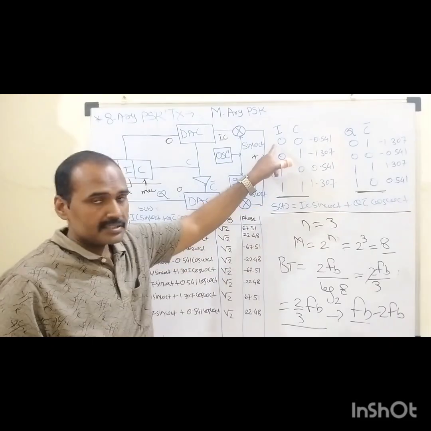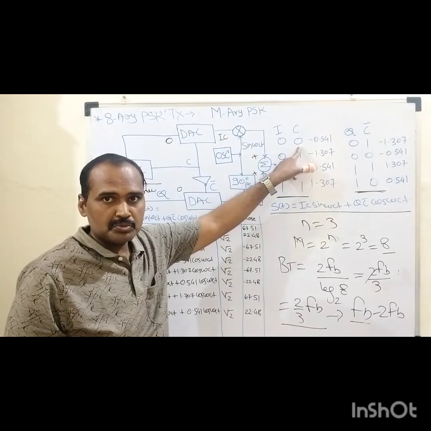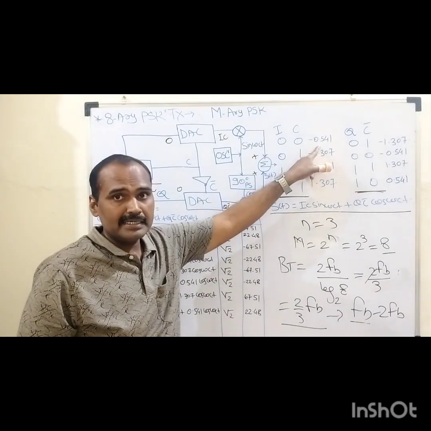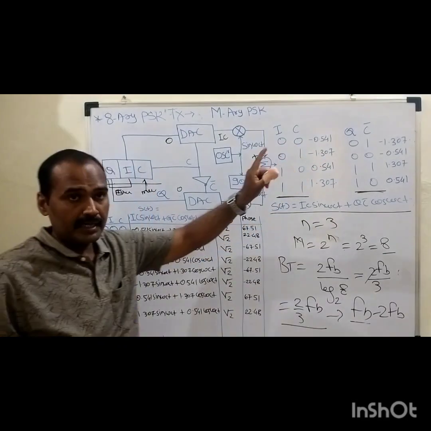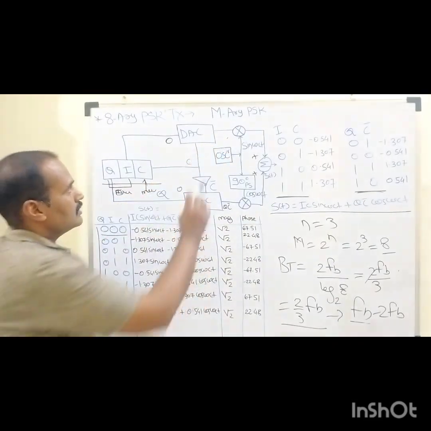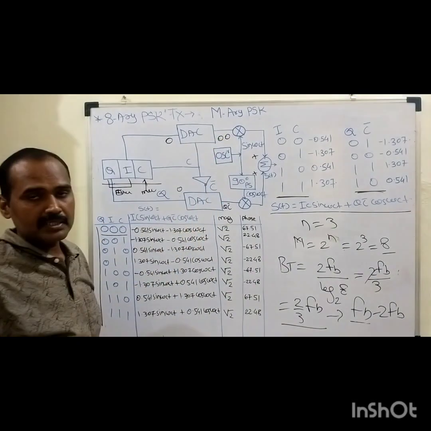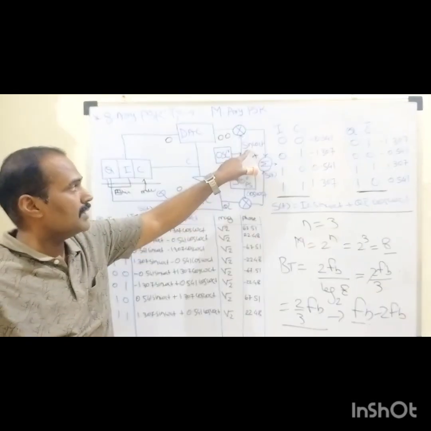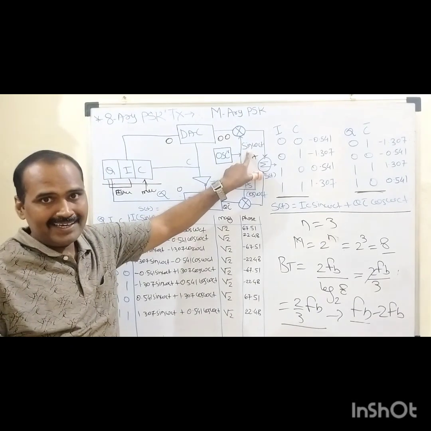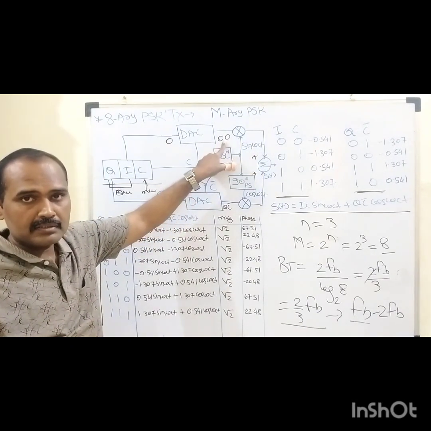In this table, when I equals 0 and C equals 0, which value is assigned? Minus 0.541, right? So I is replaced by 0 and C is replaced by 0, and this 0, 0 is multiplied with the sine carrier, right?